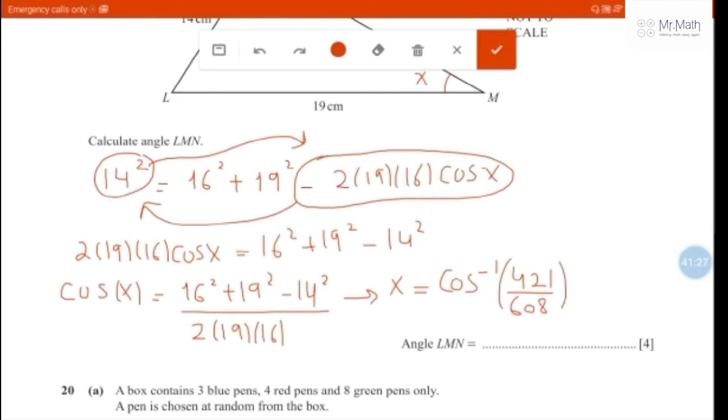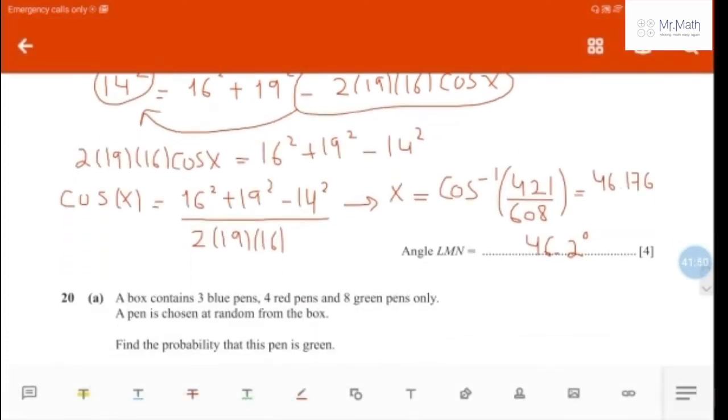So cosine inverse of 421 over 608 is equal to 46.176. So to one decimal place, it's equal to 46.2 degrees.